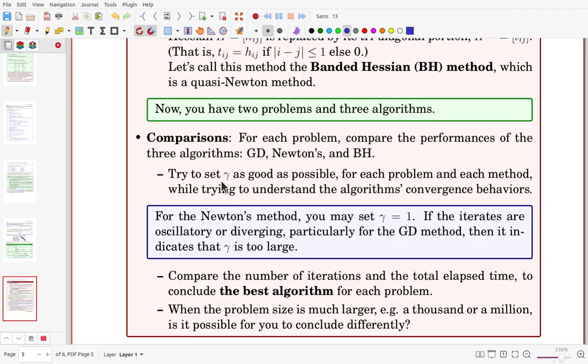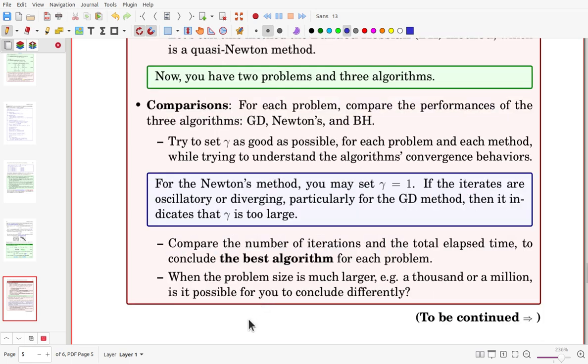Compare the number of iterations and the total elapsed time. Particularly, try to count the number of iterations and compare those methods, and try to make a conclusion saying which method is the best.